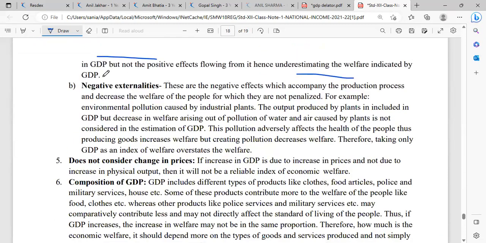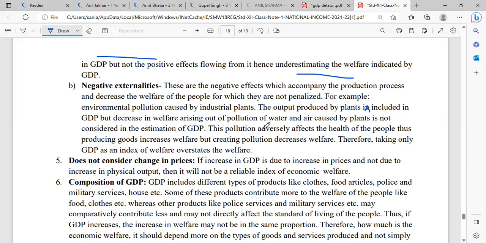Okay. Now, negative externalities. These are the negative effects which accompany the production process and decrease the welfare of the people, and they are not penalized. You are not going to pay any penalty for them. For example, environmental pollution caused by an industrial plant. The output produced by the plant is included in GDP, but the decrease in welfare arising out of pollution of water and air caused by the plant is not considered.